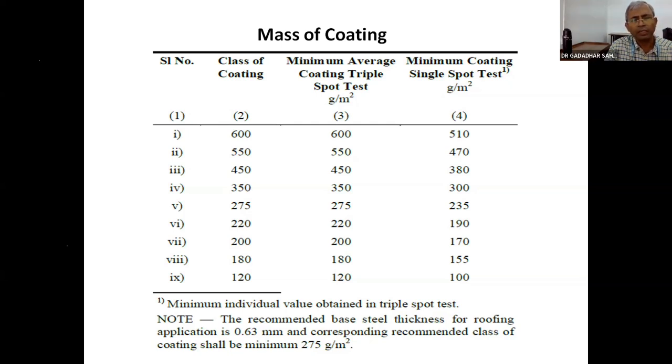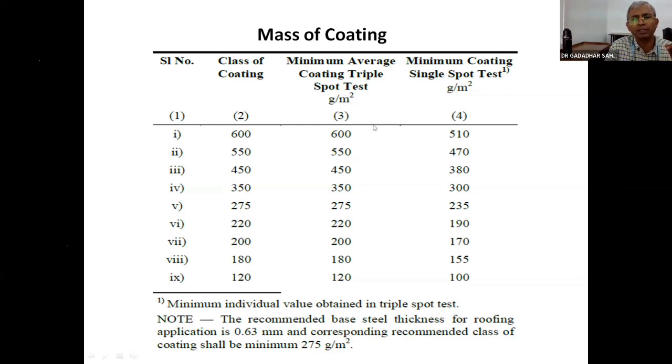The main thing is that zinc pileup should not be there. Second thing, white rust should not come. Before that, let me say how it is calculated. It is the average coating thickness, top and bottom both taken into account. Top can be 600 and bottom 300, or top 300, so the average can be 600.